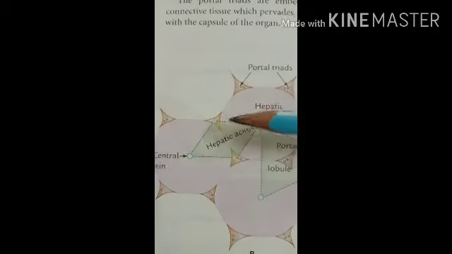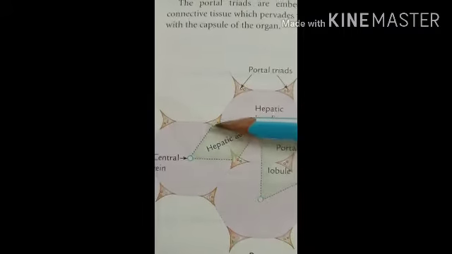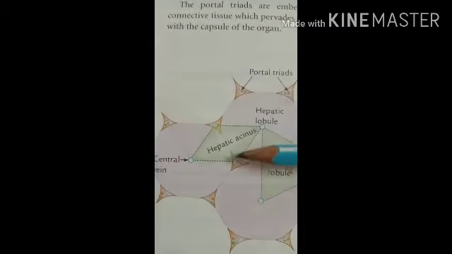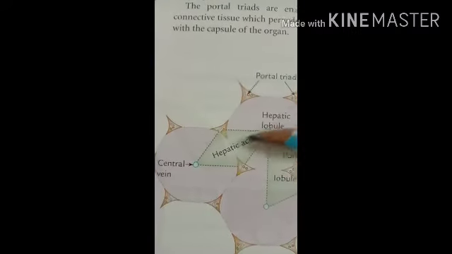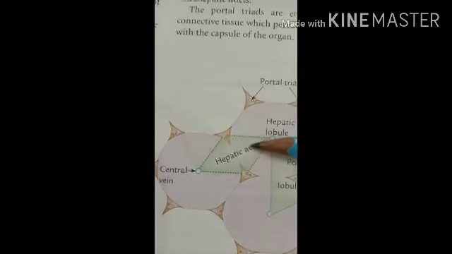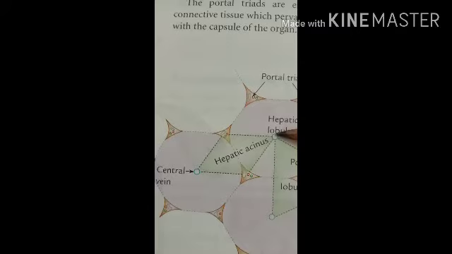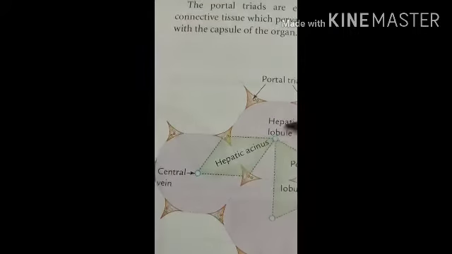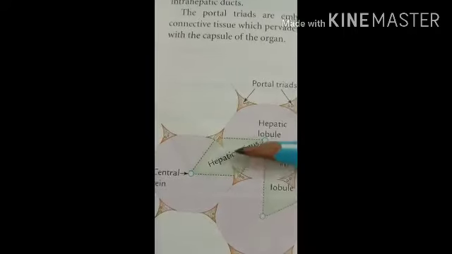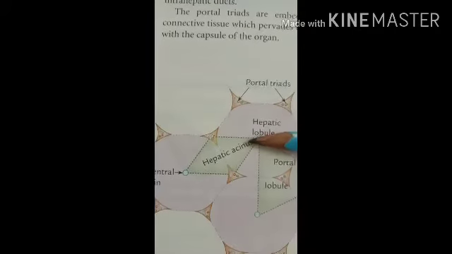From the portal vein and the hepatic artery, oxygenated and deoxygenated blood rich with nutrients enters the sinusoids, where all the nutrition is deposited, and the remaining deoxygenated blood enters the central vein. In this way, the drainage of the deoxygenated blood occurs.